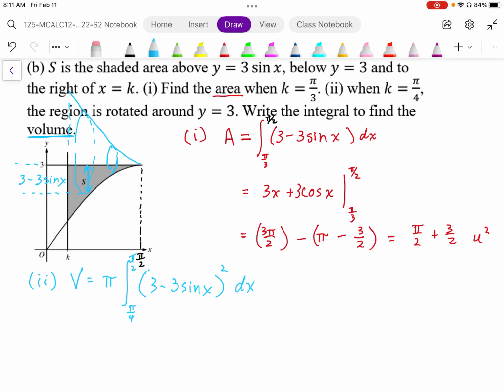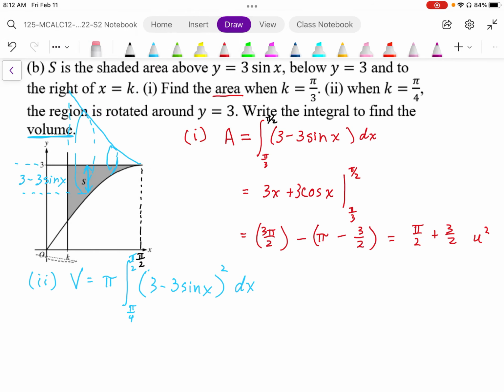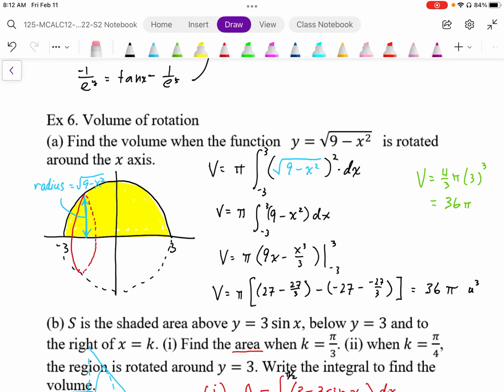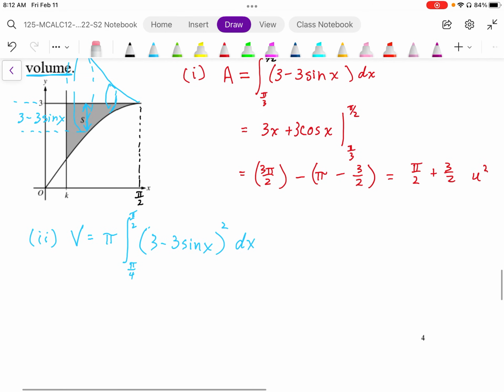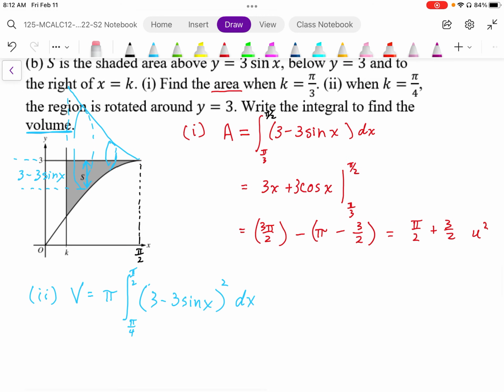I should really just move this over a little bit so it doesn't look too crowded here. Okay, so I'm just going to move that down. There we go. And so there's my integral, and that integral will calculate the volume when I rotate that region around that line.